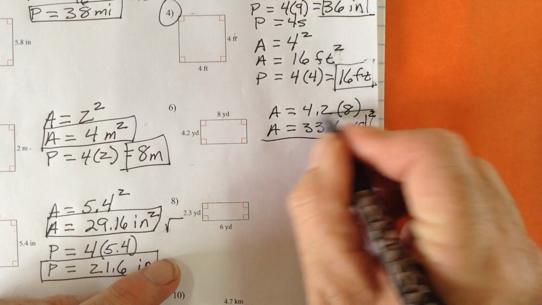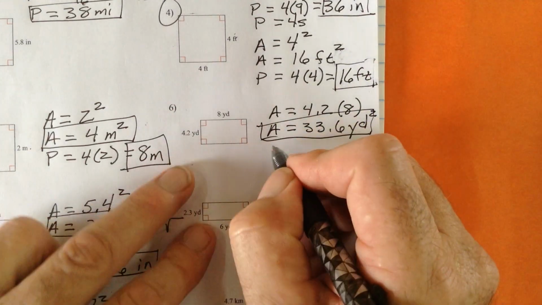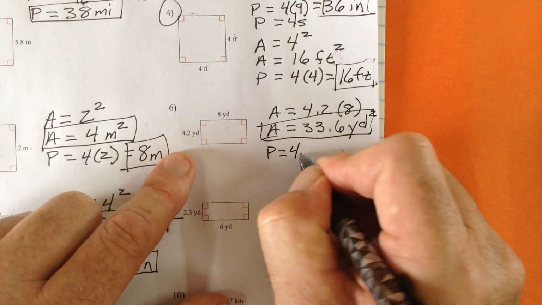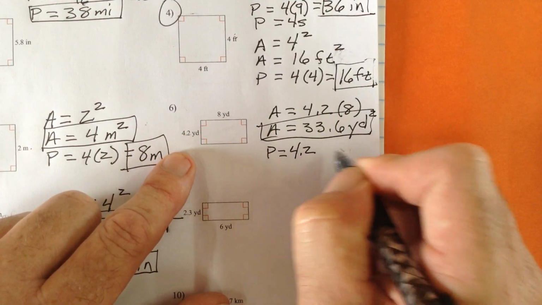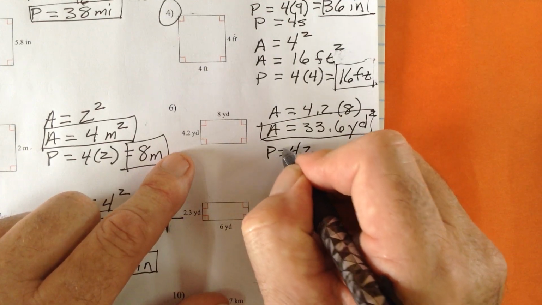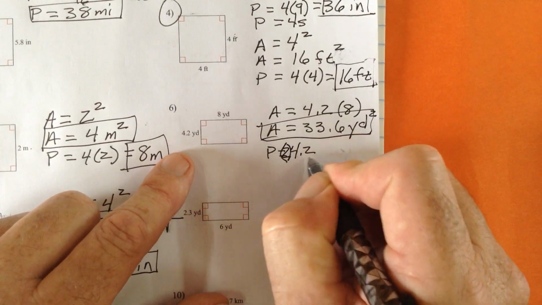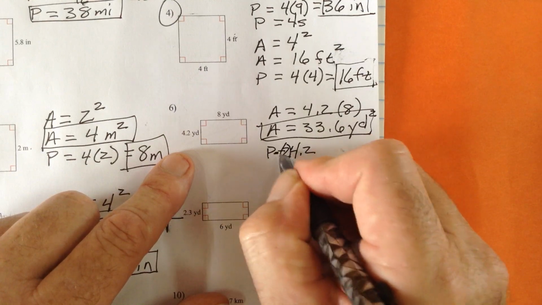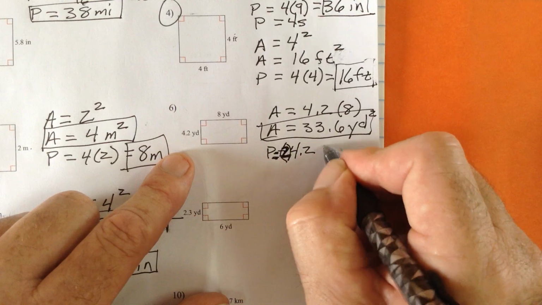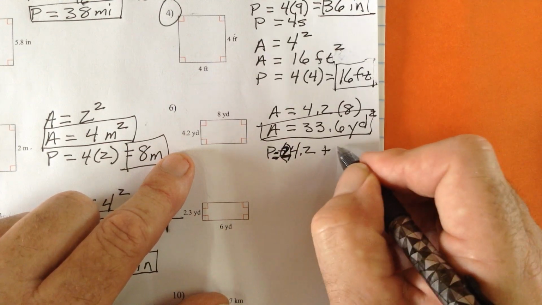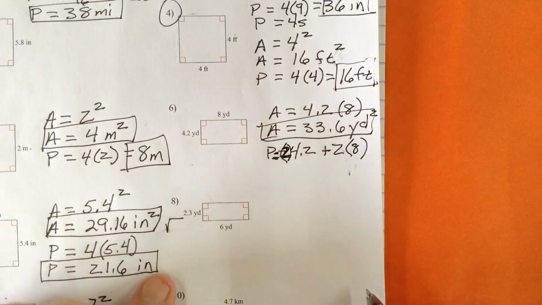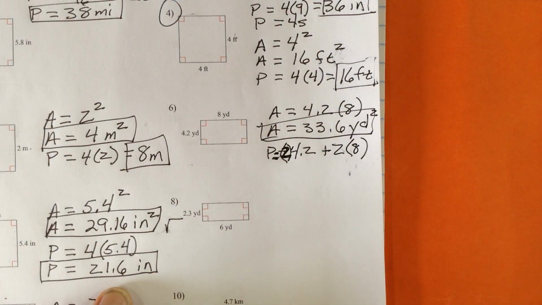That's the area. To find the perimeter, I've got to go 4.2 plus 4.2 plus 8 plus 8, or I can go 2 times 4.2 plus 2 times the other side, which is 8. Again, I didn't work this out ahead of time.